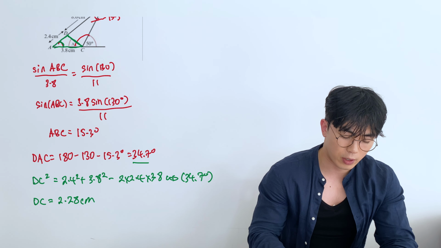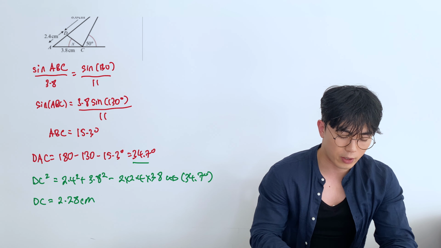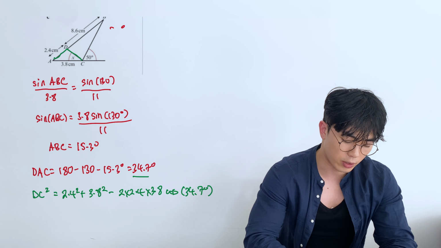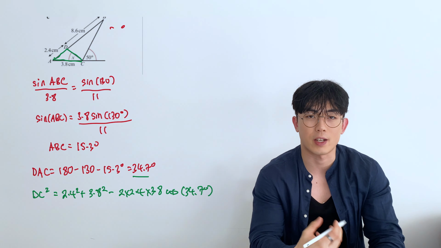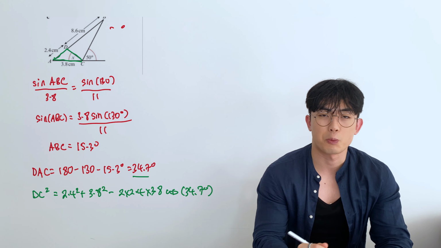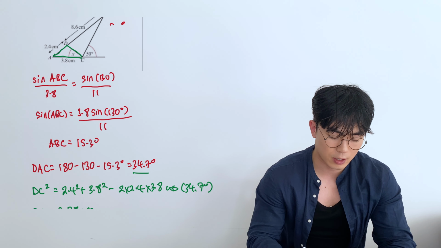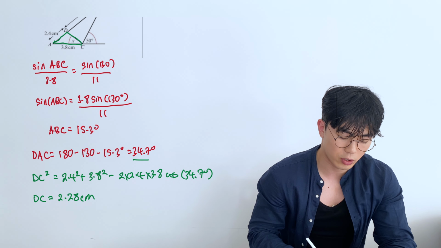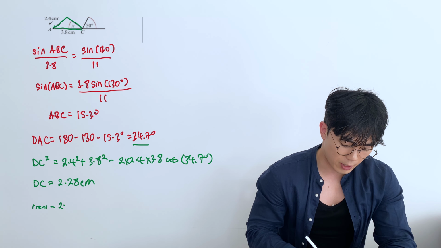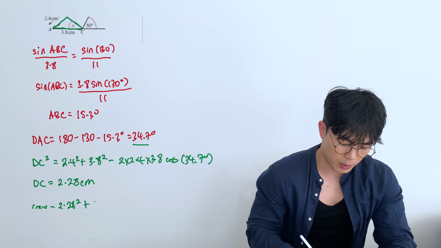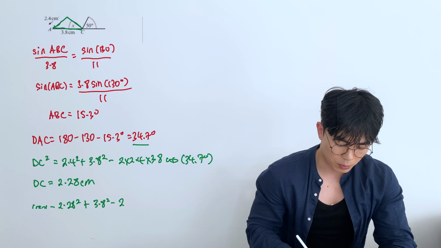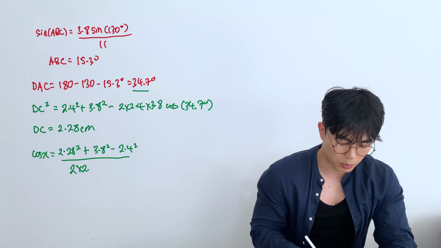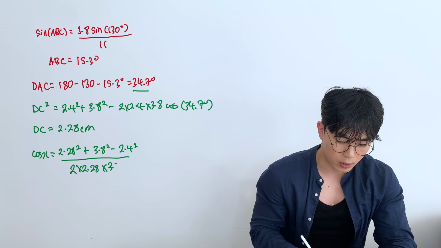Okay, so now if we get rid of some of these values, we know this length here, we know this length, we know this length. So if we know three lengths and we're trying to find the angle, then we can use the cosine rule, but rearranged to find the angle. So therefore we'll have cos x is equal to 2.28 squared plus 3.8 squared minus 2.4 squared over 2 times 2.28 times 3.8.